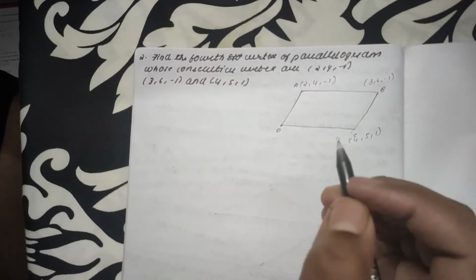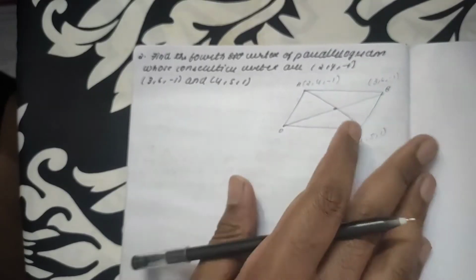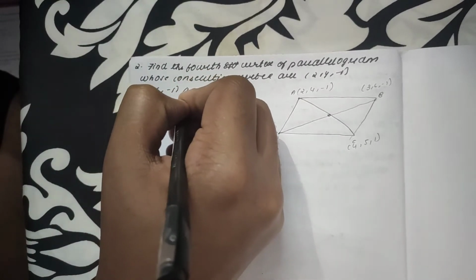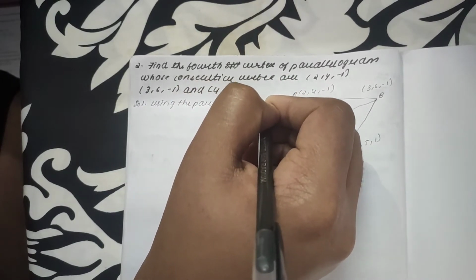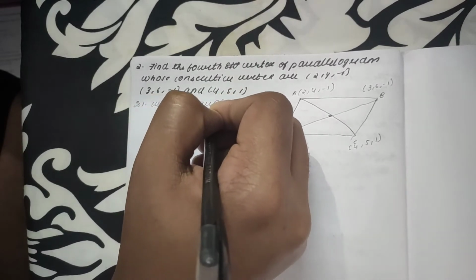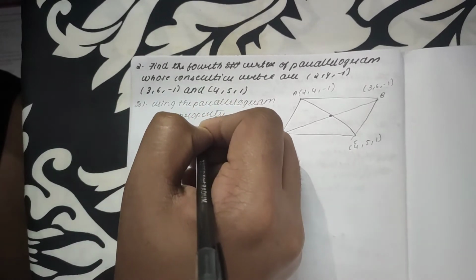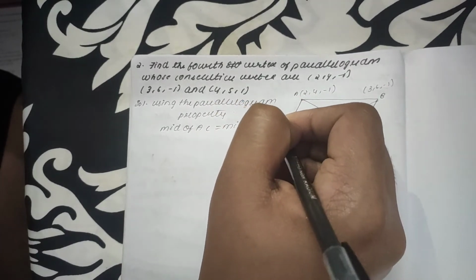From the properties of parallelogram, we know that the midpoint of AC is equals to midpoint of BD. So using the parallelogram property, midpoint of AC is equals to midpoint of BD.